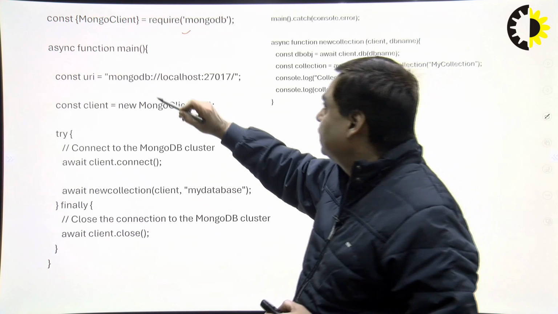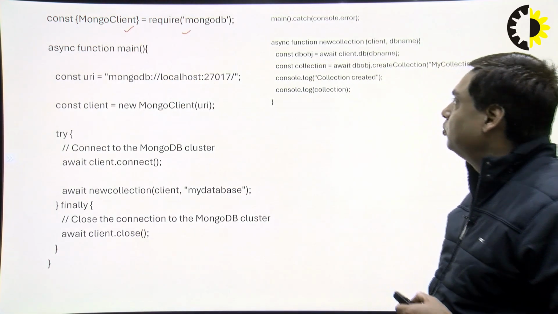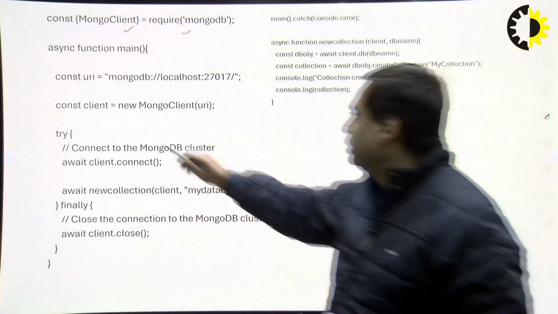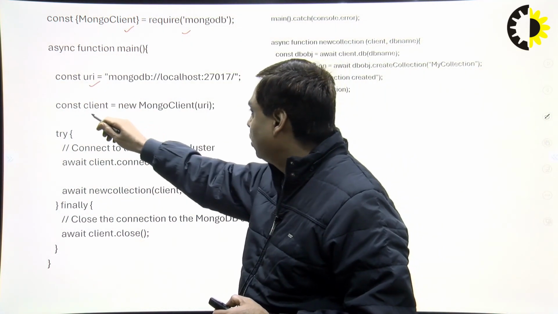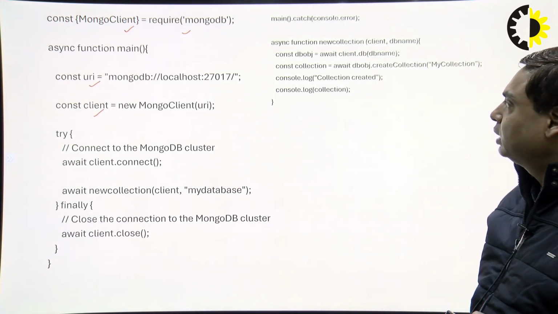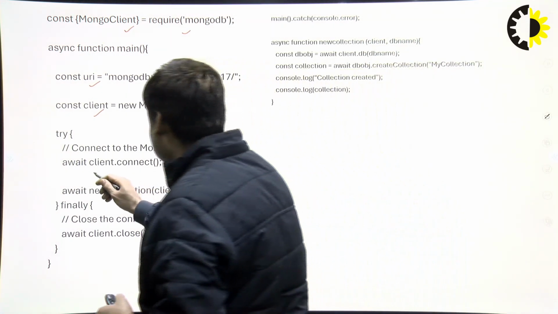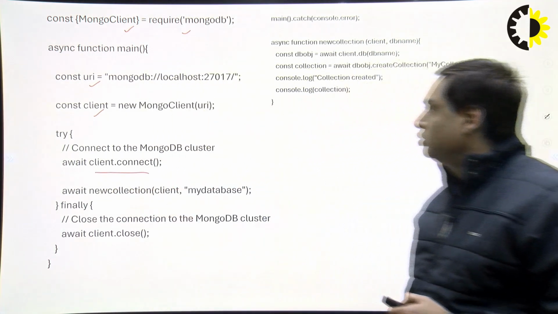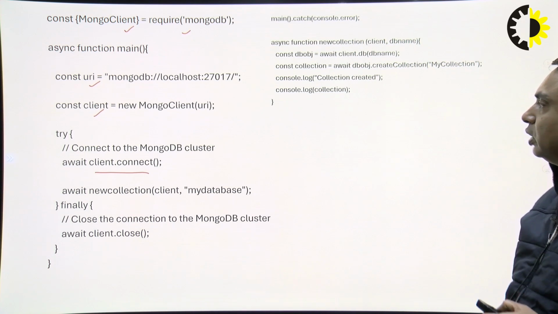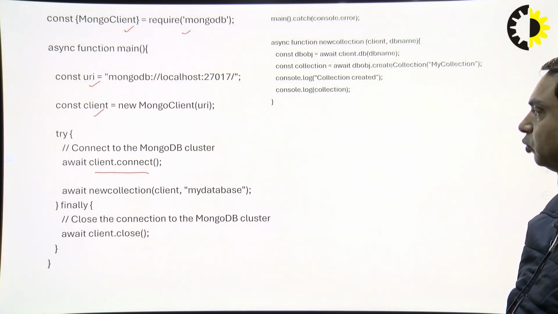Then we created a variable for the import, and we are using this URI and creating the client object with it, because we are going to connect to MongoDB at localhost. These statements are almost the same in all three programs, just to connect with MongoDB.